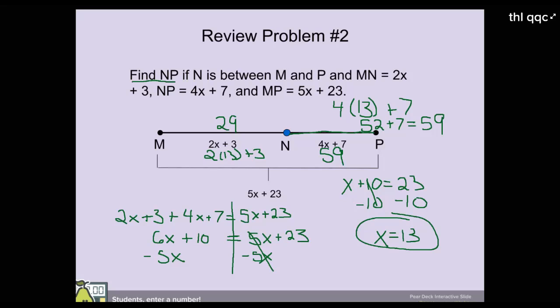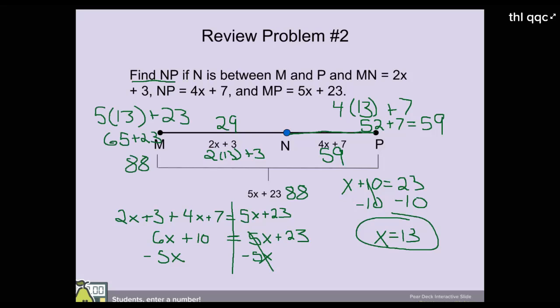Yeah, 88. So let's see, if I plug in 13 there, plus 23, that's 65 plus 23. So that's going to equal 88. So yeah, we just were really far off as a class.